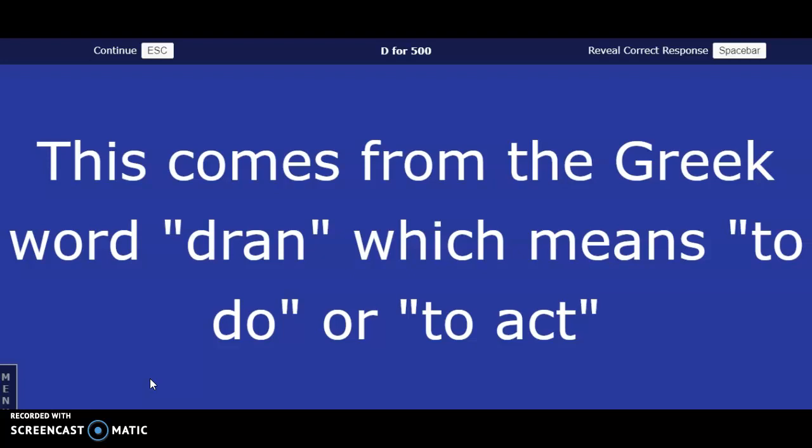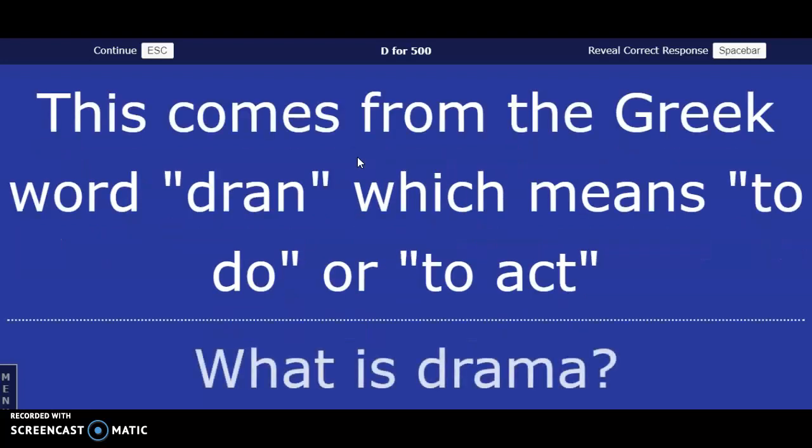This comes from the Greek word dran, which means to do or to act. So we did not go over this, but kudos and hand claps and applause to you if you get this correct. I think this should be worth like 600 points. So the answer is 3, 2, 1. What is drama?